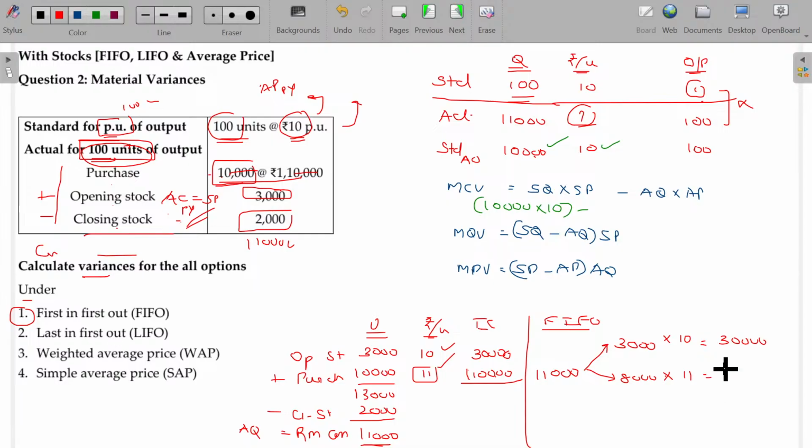Then 8,000 into 11, 88,000. Then overall value being 1,18,000 rupees. What is the ultimate value you are getting? You paid 18,000 excess, so adverse.